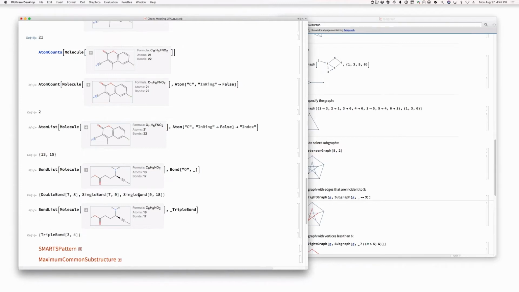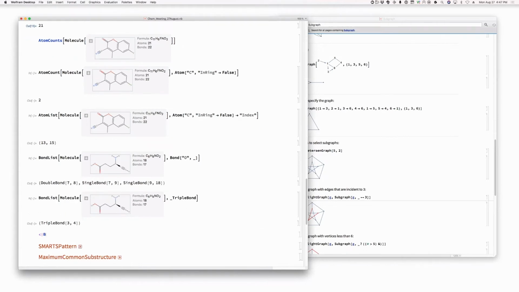That's true. Okay, I was expecting it to return the number of single bonds, number of double bonds, number of triple bonds, number of aromatic bonds, number of dative bonds. Okay, fine. Then I suppose what we would have to do there is to return something like, it's a little weird, something like this.